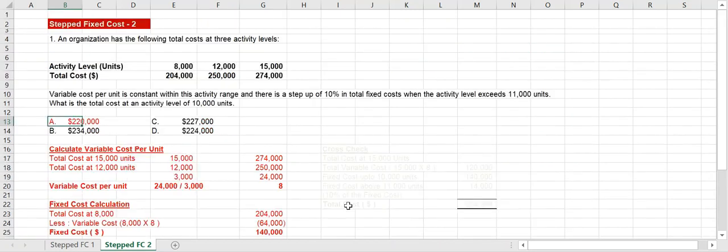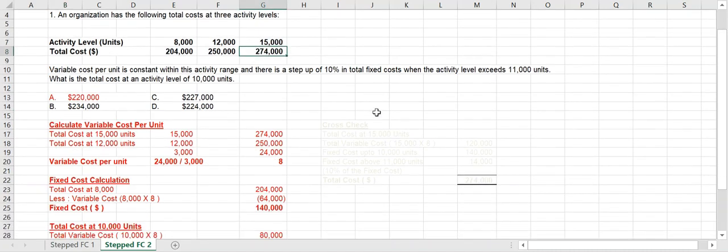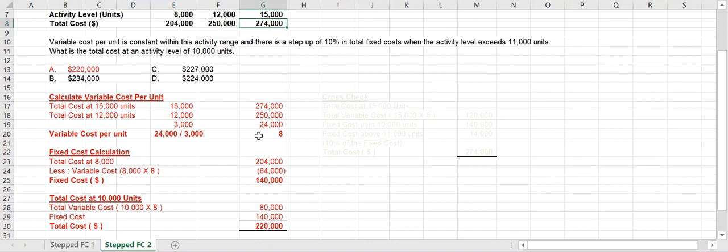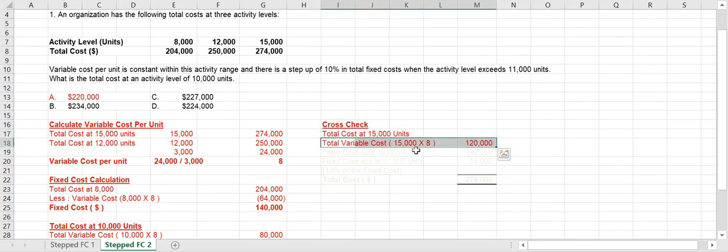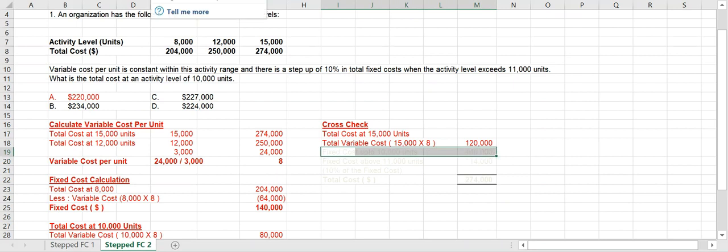Now how do you cross check this answer? To cross check, let's calculate the total cost at 15,000 units. You should arrive at 274,000 by taking into account the variable cost, fixed cost and step fixed cost. First, the variable cost, which is 15,000 times 8, which is 120,000. Then simply add the fixed cost up to 11,000 units, which is 140,000.